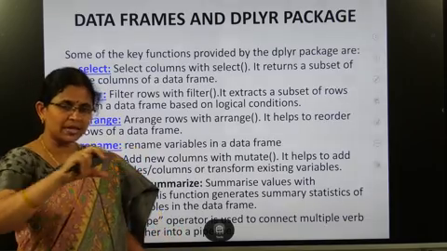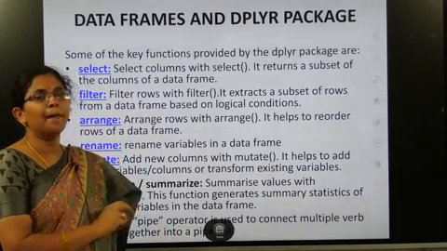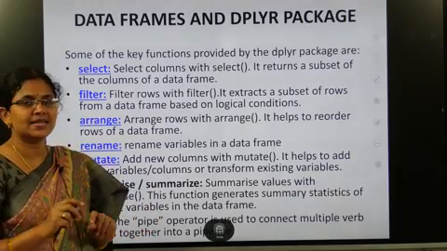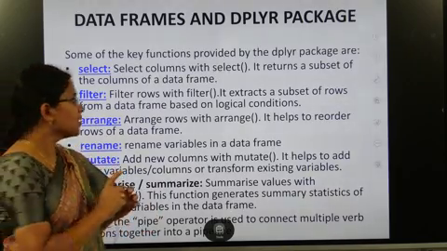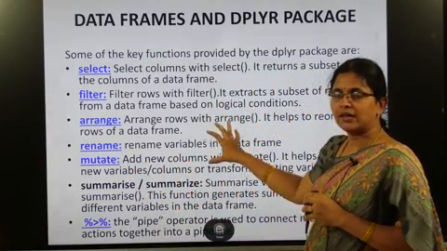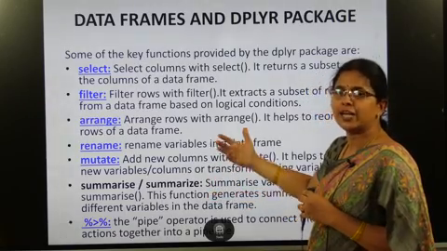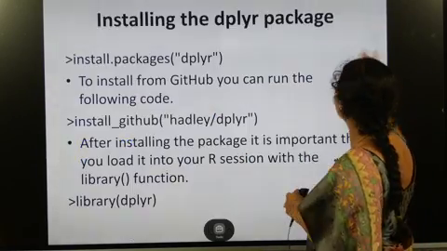To stream the verb actions, simply use the pipe operator, that is percent greater than percent. So these are the key functions in the Dplyr package, and this is the way we can use it.